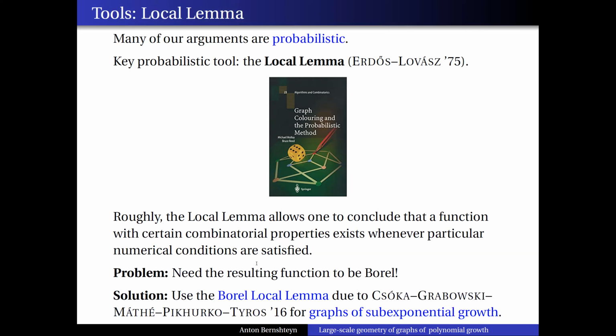There is a version of the local lemma that works in the Borel setting due to Csóka, Grabowski, Máthé, Pikhurko, and Tyros. They have a very strong assumption: it works on graphs of sub-exponential growth. Thankfully, we work on graphs of polynomial growth, to which this theorem applies. So we use this theorem several times in the proof. And without it, it would really not be possible to get the result that we want.